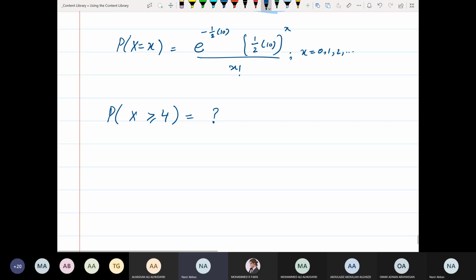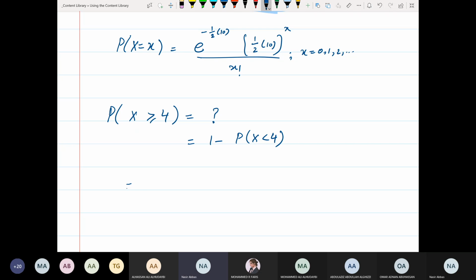So you can only find it this way: equals 1 minus probability of x less than 4. And when you are dealing with a discrete random variable, be careful with the equal sign. If the equal sign is there on the left side, don't put it on the right side. If it is not there on the left side, put it on the right side. So because it was greater than or equal to 4, the complement is less than 4.